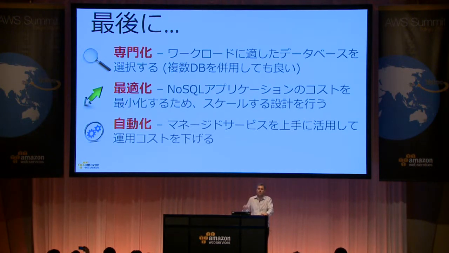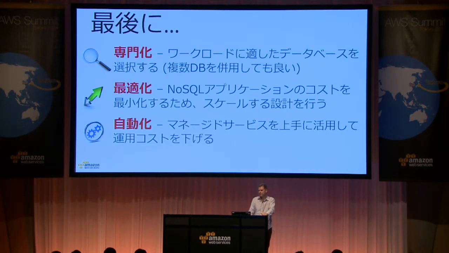In the cloud, that goes away, especially managed services. So specialization now becomes a function of choosing the right database for the workload. And if the best architecture means we have 1 or 2 or 3 types of database for the application, that's okay too, because they're still easy to manage.